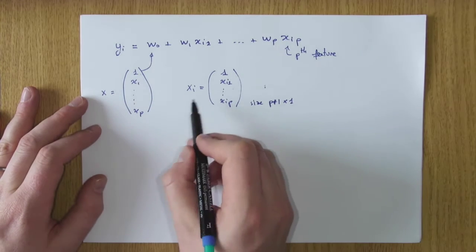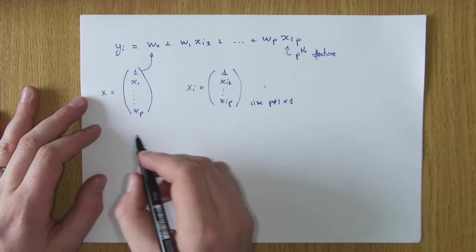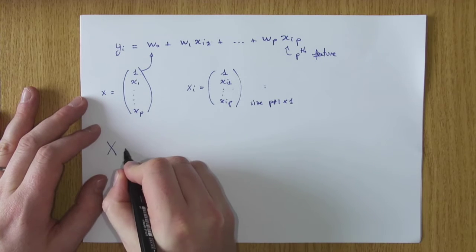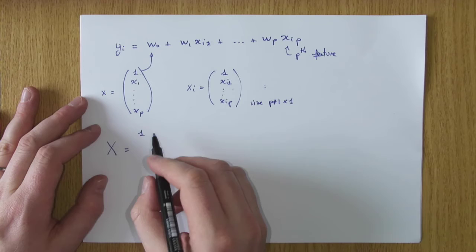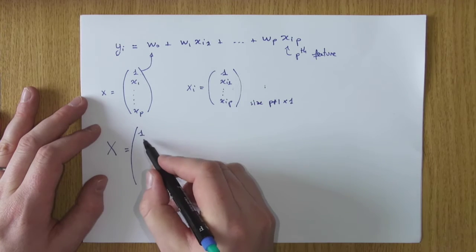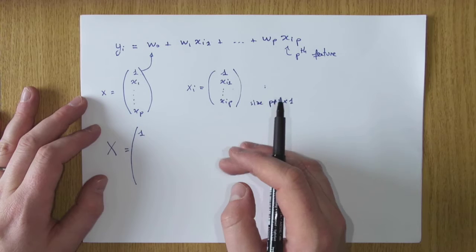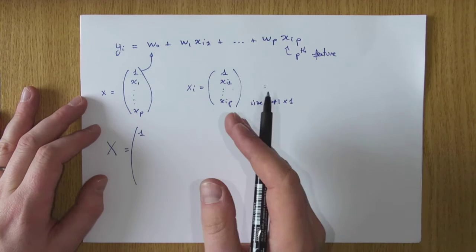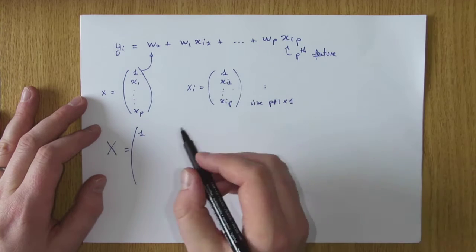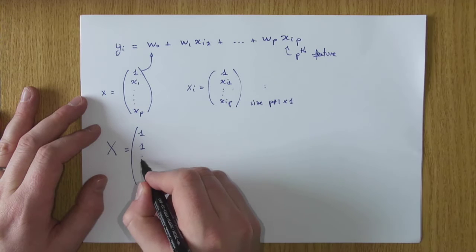We can concatenate all this information into what's called the design matrix, capital X. The design matrix is basically a matrix where each column contains all the instances of a particular feature. So it looks like this.